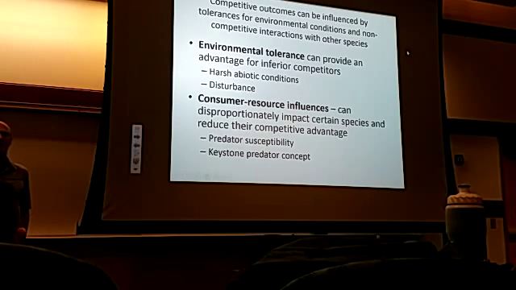Maybe one of the competitors is more vulnerable to predation than the other ones. And that would mean there's a disproportionate effect on the superior competitor, and its numbers would be reduced by the predator, allowing all the competing species to do better than they would if that predator wasn't around.